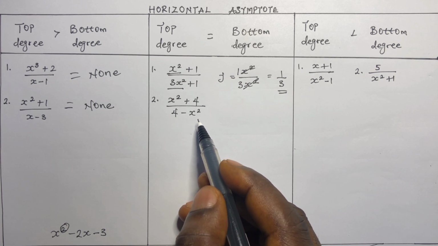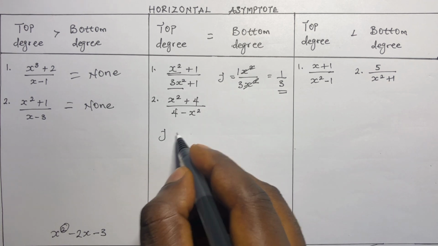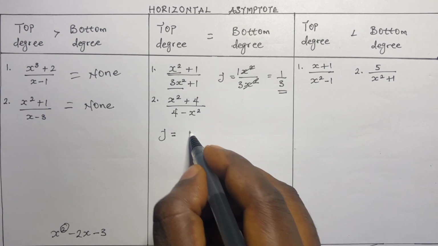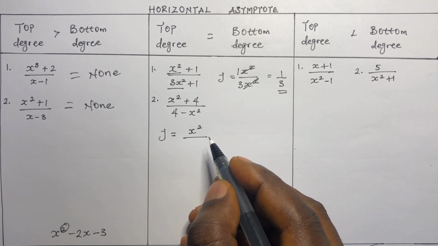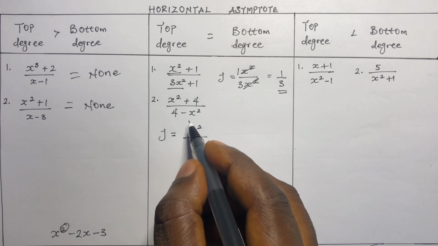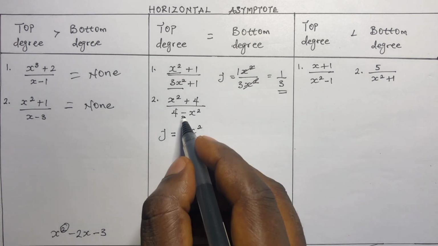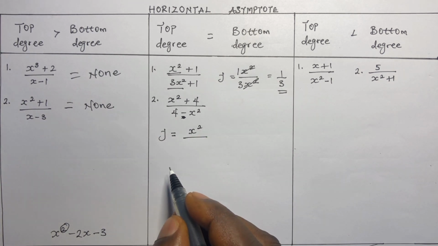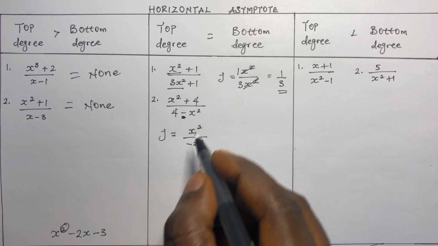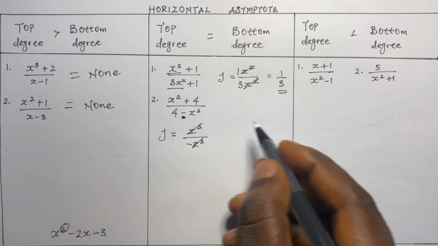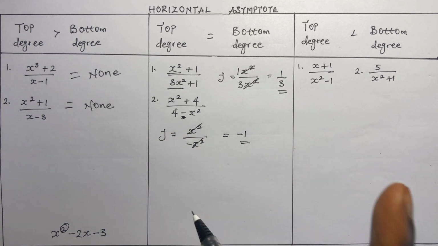So we divide both. y is equal to x squared divided by negative x squared. Now, take very good note of this negative sign so you don't make mistakes. x squared takes x squared, and we have negative 1 for our horizontal asymptote.